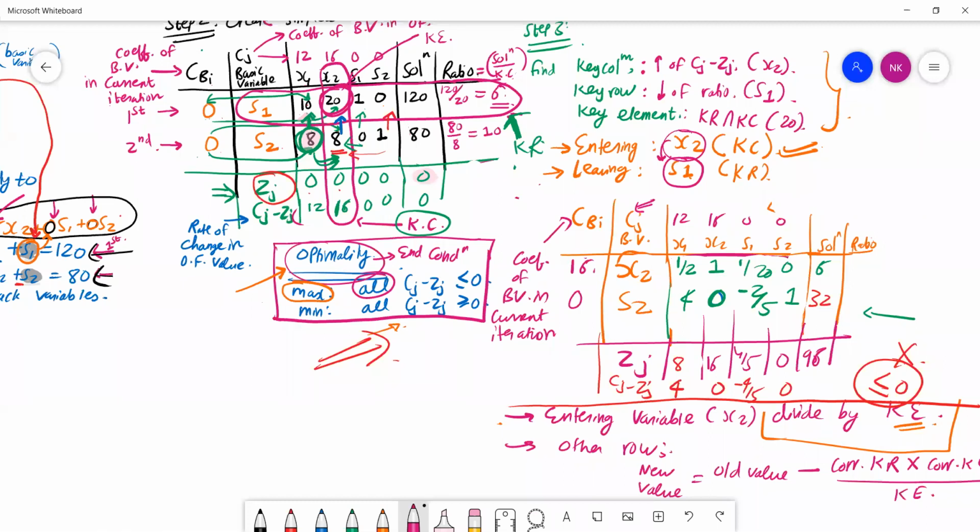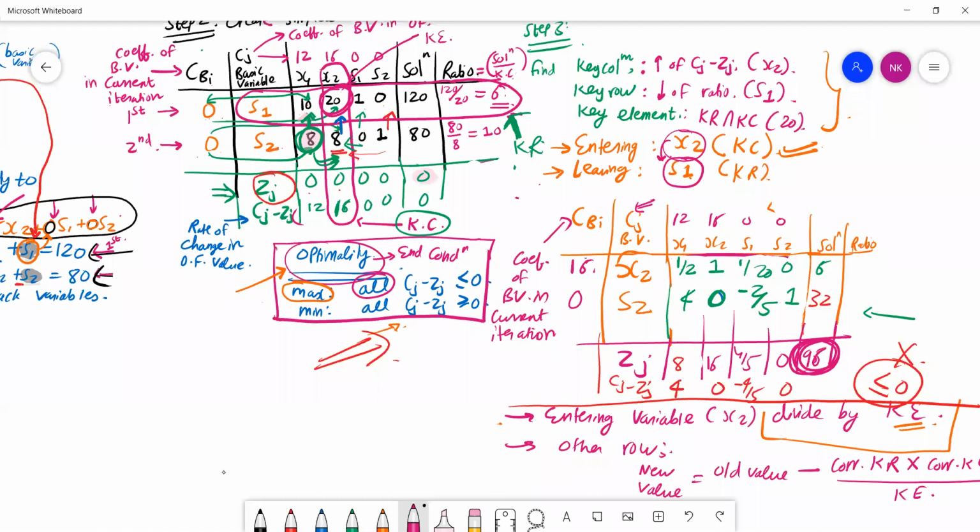Now at this particular point of time, this 96, that is the solution, serves as our profit. And what is this 6? This 6 is nothing but the number of units of x2.